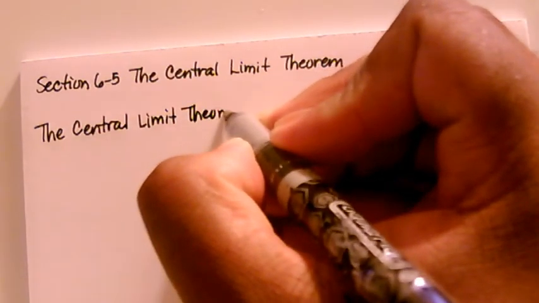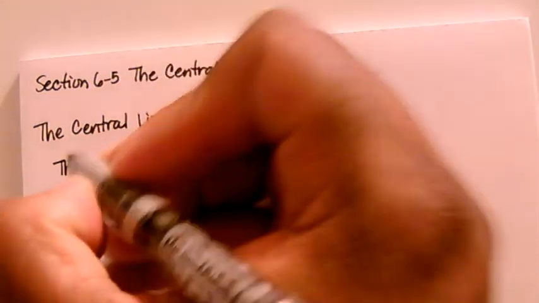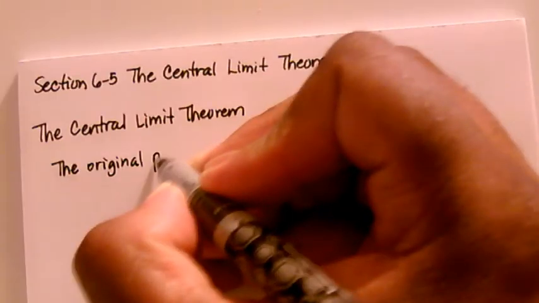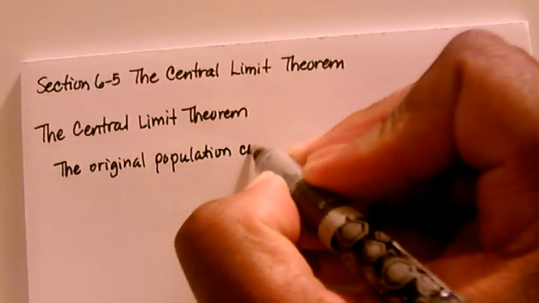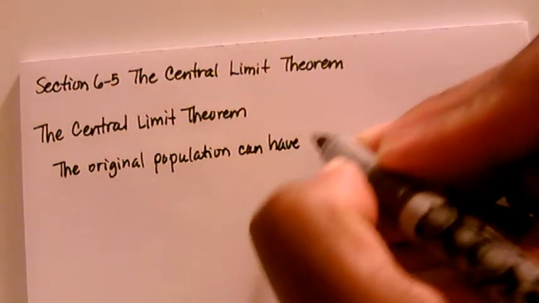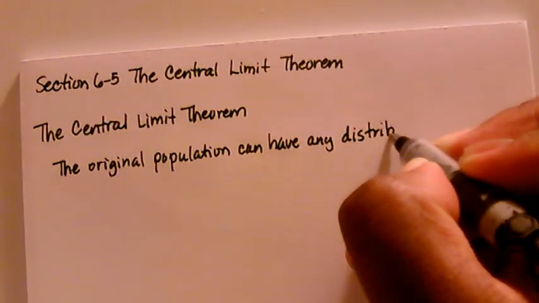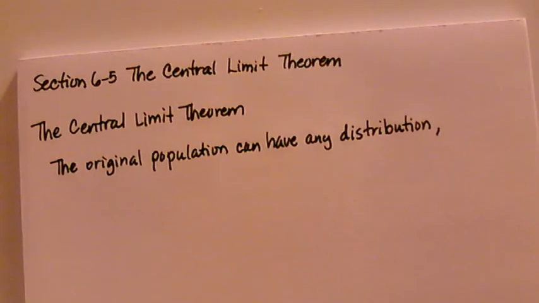Here we have the central limit theorem, and according to the central limit theorem, the original population can have any distribution, and it can be a skewed distribution or a uniform distribution and so on.